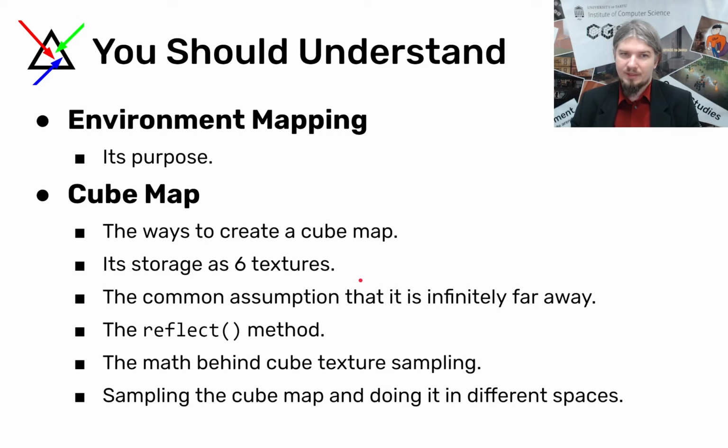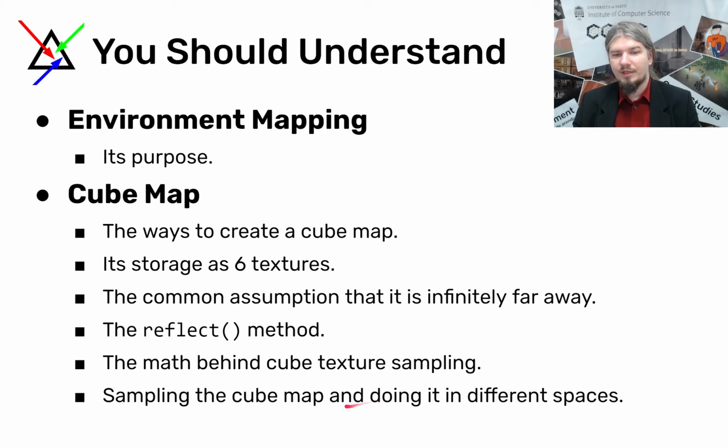And it's a common assumption that this cube map, the image that it represents, is infinitely far away, because we're sampling with the reflection vectors centered at the center of the cube map. We saw how the reflect method is actually implemented and what it does geometrically. And we looked at the math behind this cube texture sampling.